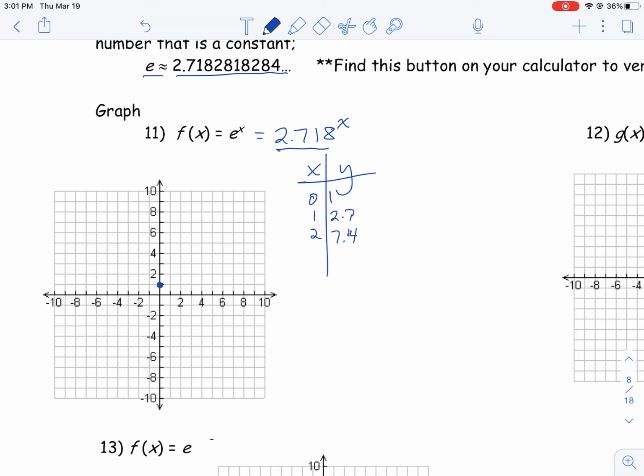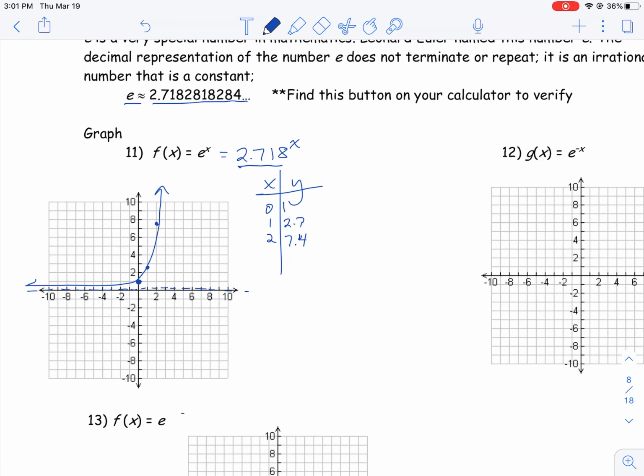And so that gives us a few points to graph. 1, 2.7, and 2, 7.4. We know it's an exponential function, so it's got a horizontal asymptote here at y equals 0. And it looks something like that.